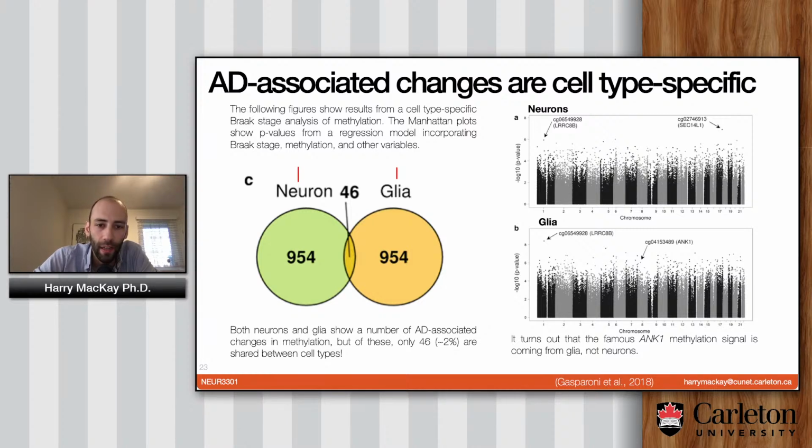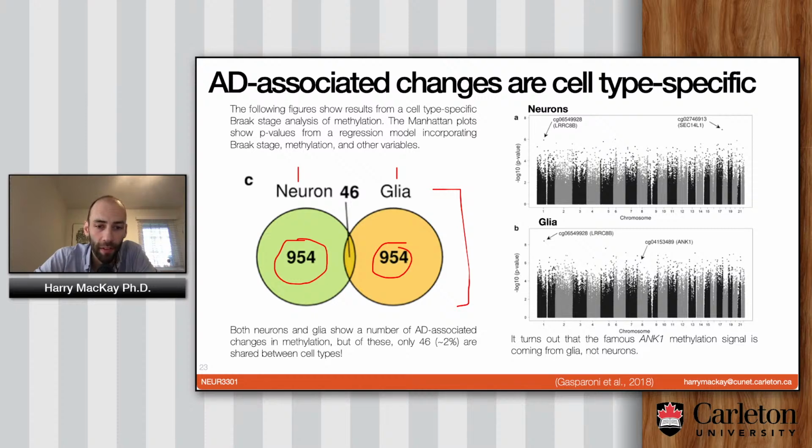So in neurons, they were able to find 954 CpGs that had significant differences in methylation between cases and controls. And in glia, I guess they found the same exact number. Or no, I guess here they're only looking at the top 1,000 hits.